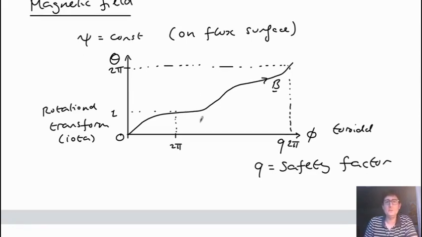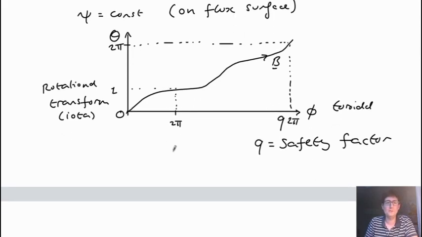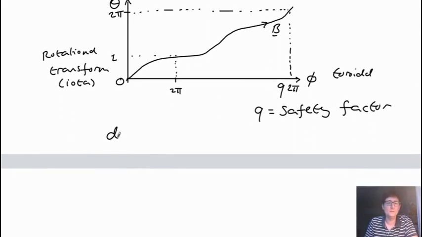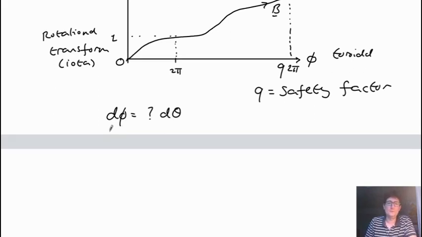One way of calculating q is to integrate the gradient of this. If you want to integrate along theta, for example, from 0 to 2 pi in theta, we can find out how far we go in phi by integrating d phi. So we want to know that d phi is something times d theta, because then we can integrate in theta and calculate the change in phi. We can calculate the change in phi and the change in theta by thinking about what the gradient of phi and the gradient of theta are along this line.